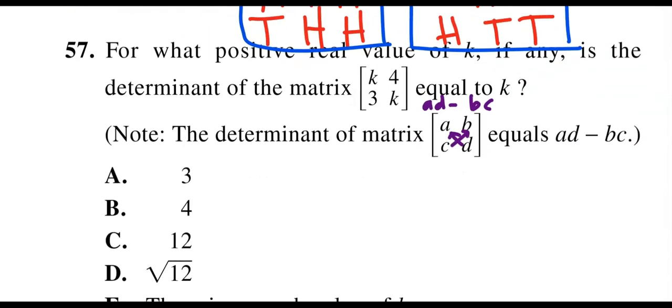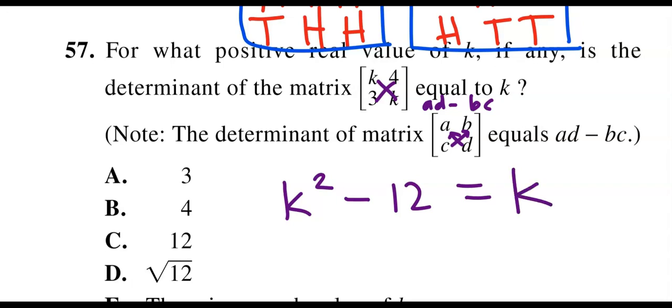Okay, so if I do the same type of thing, if I take k times k, that's k squared, minus 3 times 4, that's 12. For what positive real value of k, if any, is the determinant of this matrix equal to k? How do you solve that?